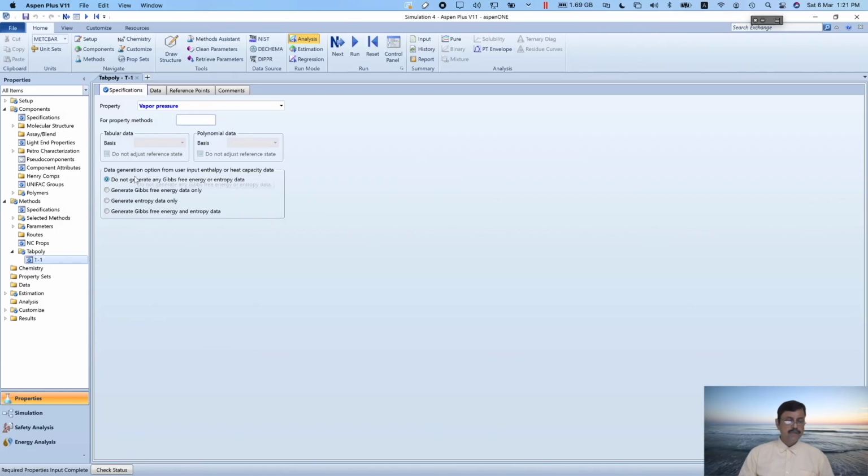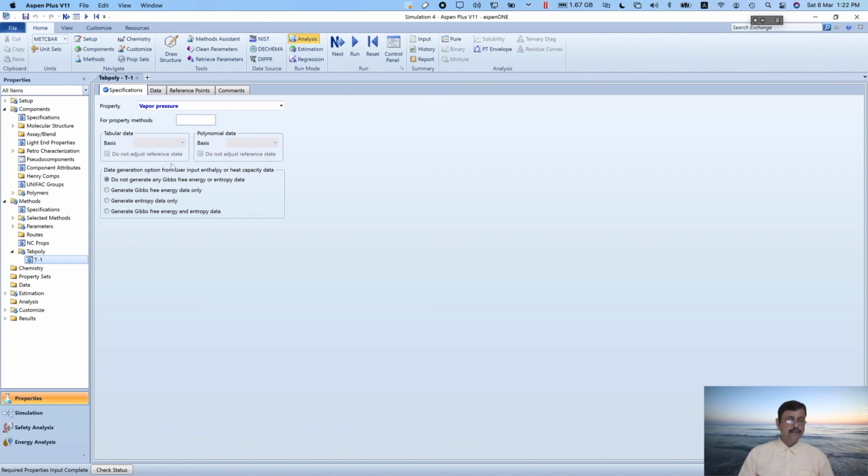Data generation from user input enthalpy or heat capacity data. So you can generate Gibbs free energy data, or you can generate entropy data, or you can generate both, or you may not be willing to generate any data. For the time being, let us not complicate the matter and not generate anything.